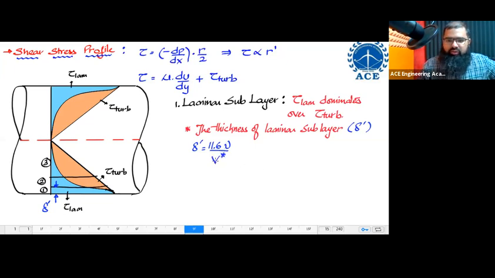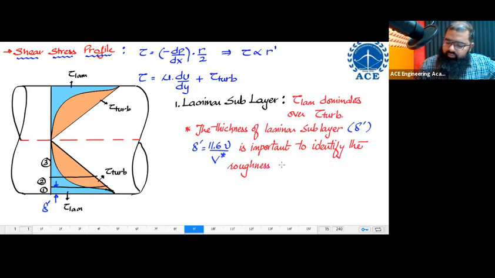Nu is kinematic viscosity, V star is shear velocity. This thickness is important to identify the roughness characteristics of the pipe.